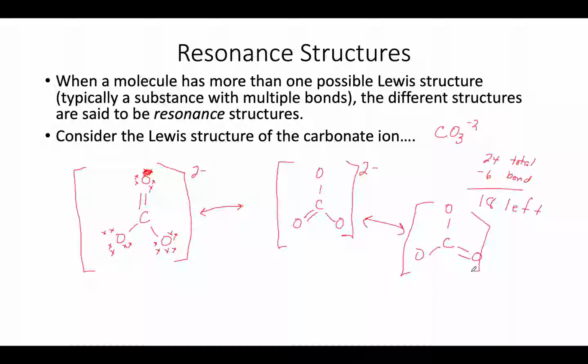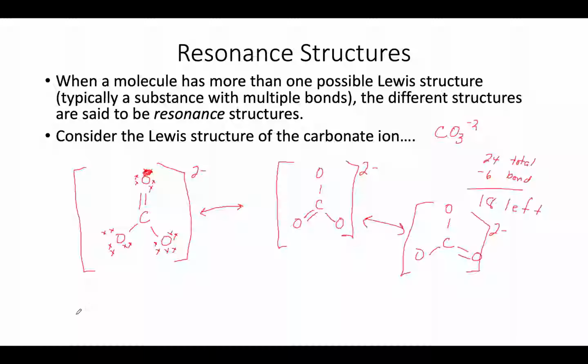So any one of those Lewis structures is acceptable for the carbonate ion. Not only are they all acceptable, they're all correct. And not only are they all correct, if there is a question that says draw the Lewis structure of the carbonate ion, it means all the resonance structures.